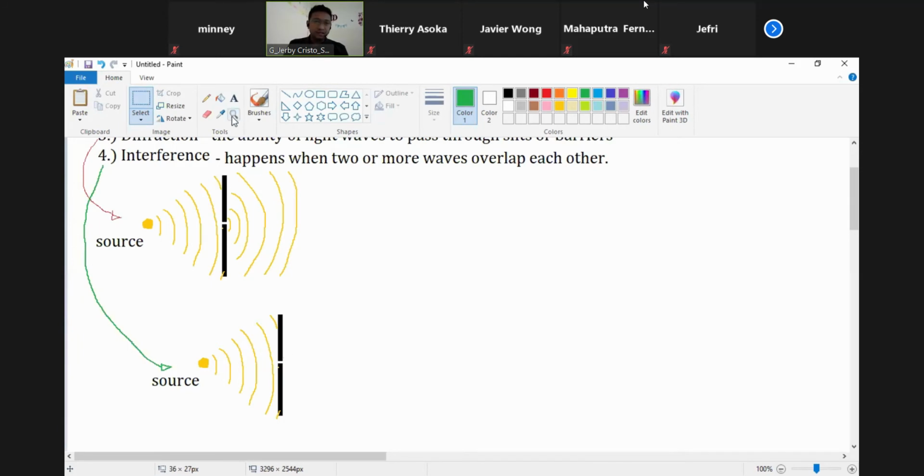But we will have not just one slit. So instead of just one single slit, let's assume that we have double slits in here.